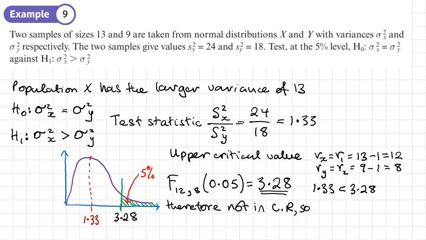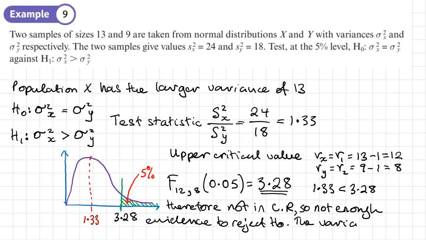So there is insufficient evidence to reject H0. So what does that mean in the context of the question? The variances are the same, or we could just literally write down that the variance of X equals the variance of Y.